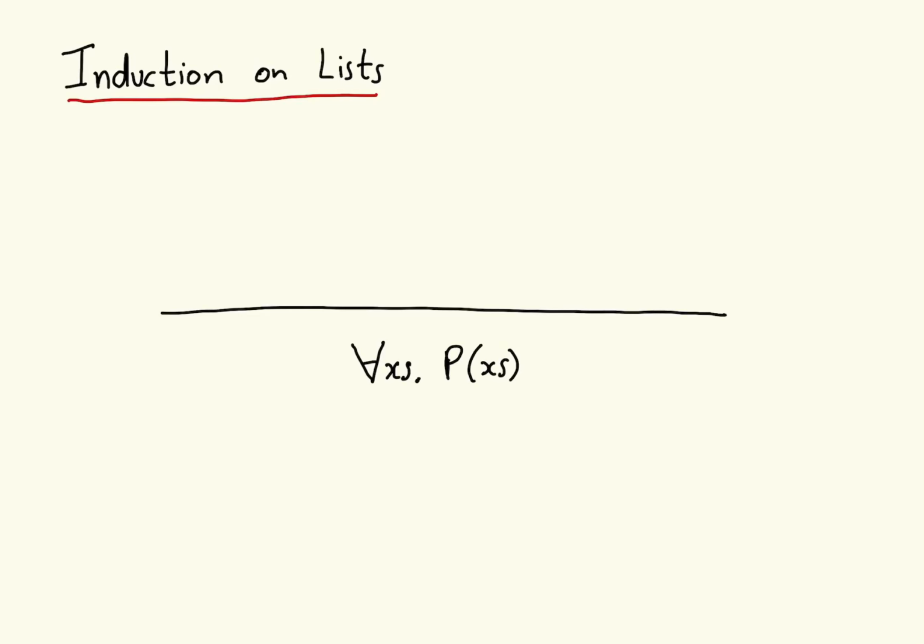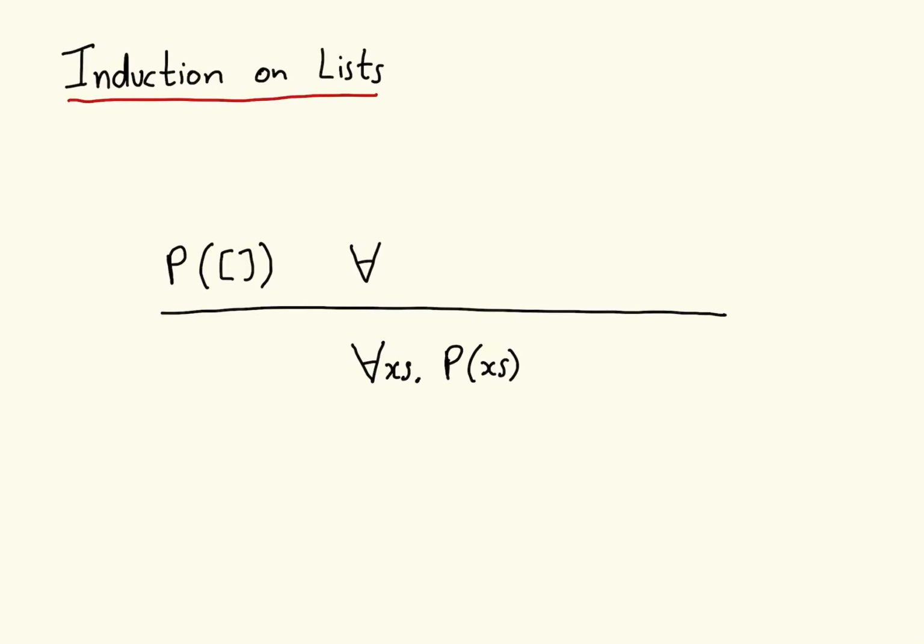And what the induction principle allows us to do is to break this down in the standard way. So we're going to have a base case which says that you must prove that the property is true for the empty list, so that's the list with nothing in it. And then the inductive case says the property is preserved by adding one extra element onto the list using the colon operator. So again, how do we write this down formally?